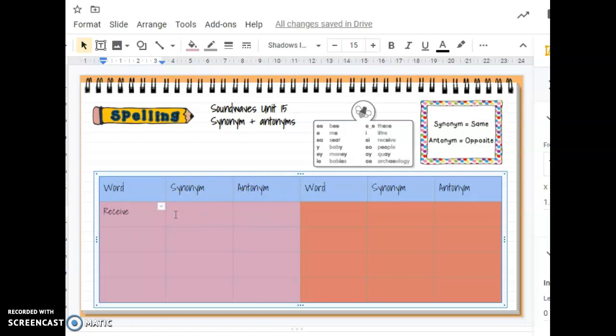All right, now I need to think about a synonym or a word that has a similar meaning to the word receive. All right, I am going to choose the word accept. Okay, I'm actually going to put this in my head. I'm going to read it out loud to you guys. I'm going to put the word receive into a sentence.